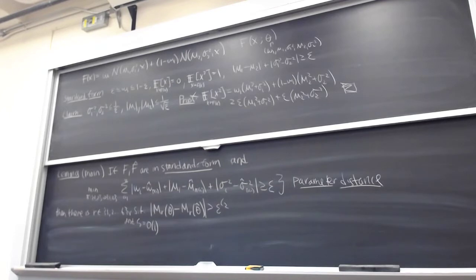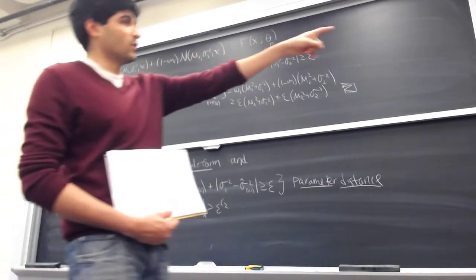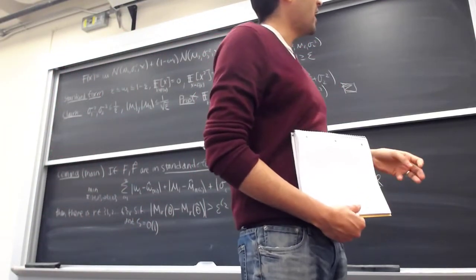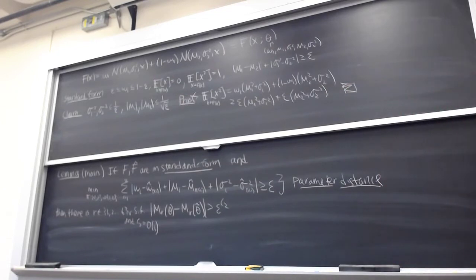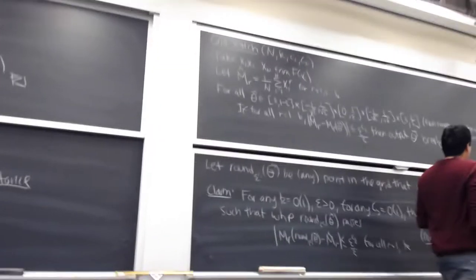Right. So what you would really do for this grid search is, instead of searching over all theta in this range, which have a valid discretization of the parameters up to epsilon C1, I also need to constrain that theta is in standard form.